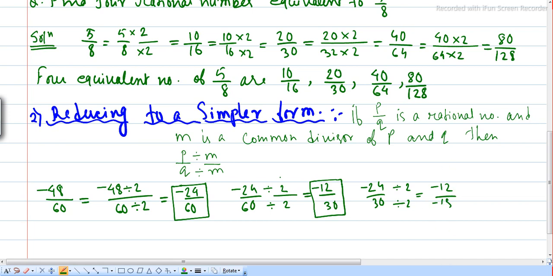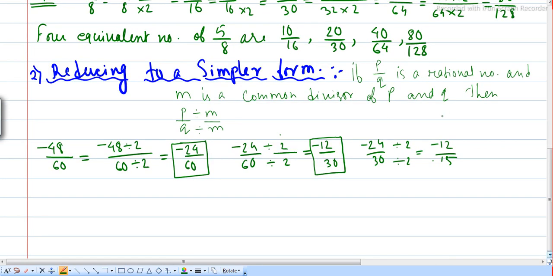Okay, then see this one, this is 12 and this is minus, sorry, it is not minus. Okay, you see, it is minus 12 by 15, so we can reduce it by dividing it with 3.